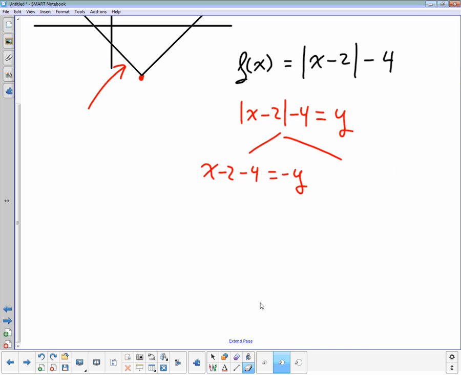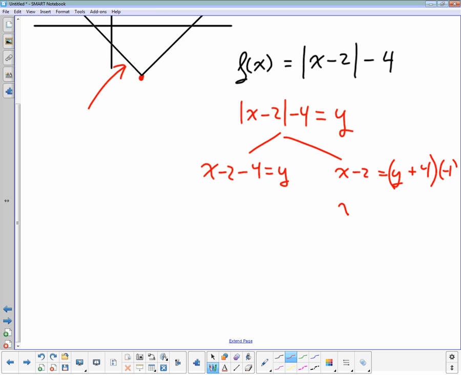And we also get x minus 2 is equal to y plus 4.